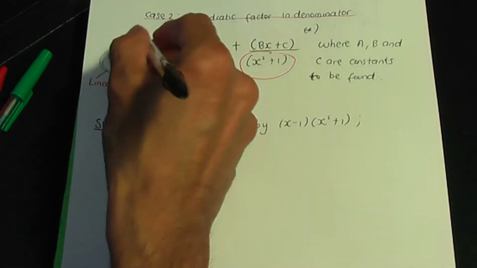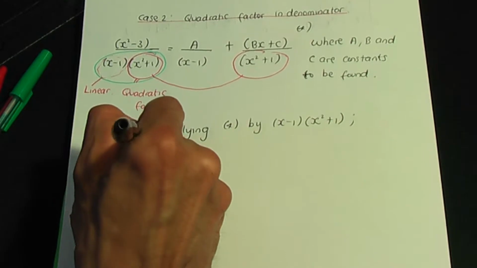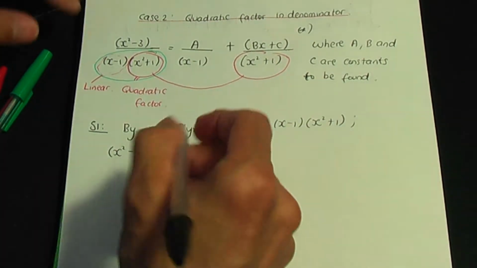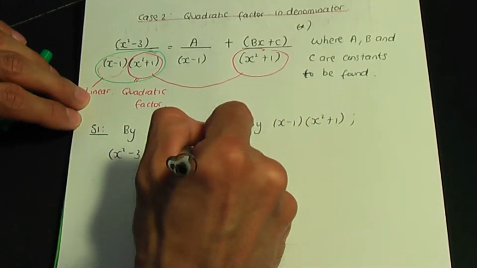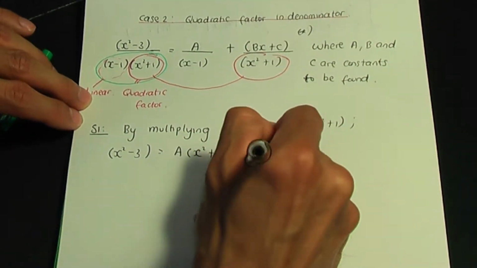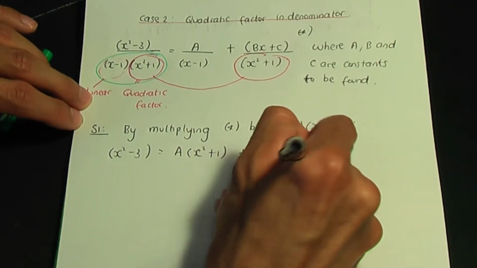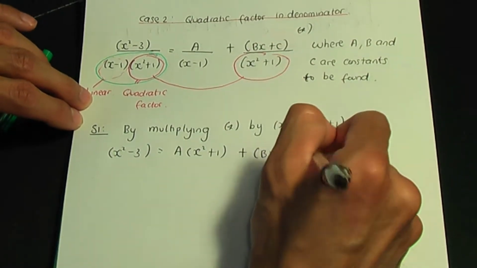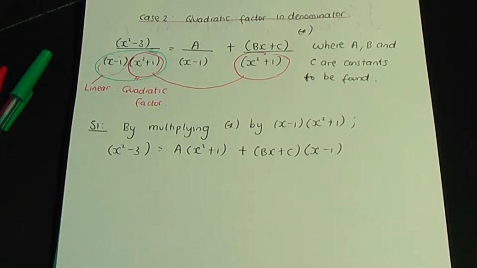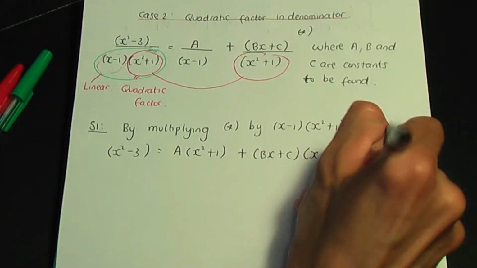We're going to have x squared minus 3 on the left hand side, and that is equal to a into x squared plus 1 plus bx plus c, into x minus 1. I'm going to call that equation number 1.